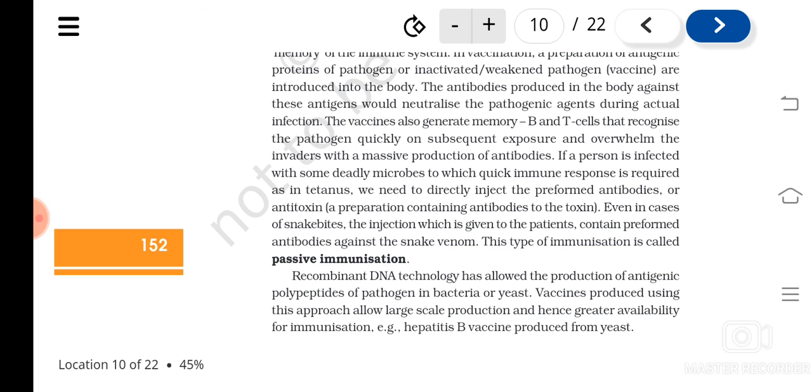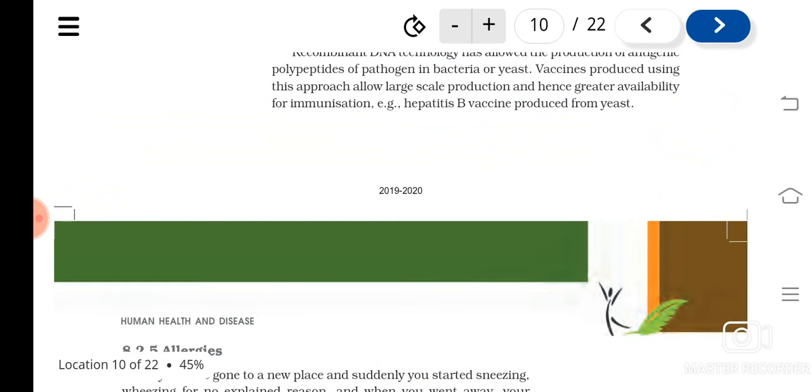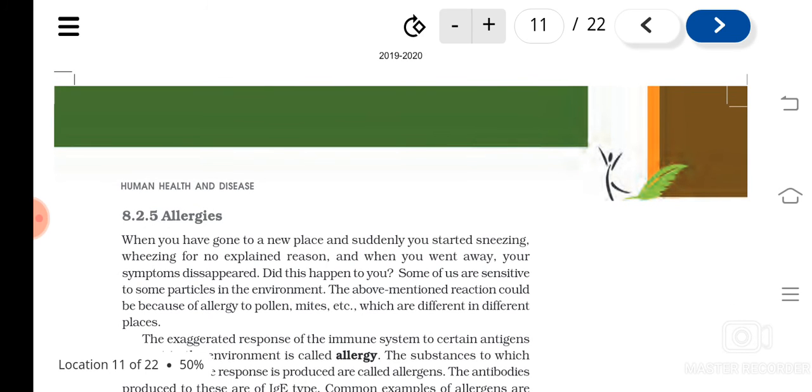Now technology has developed so that some proteins of the pathogen can be synthesized and then introduced so that the body will recognize them and start producing antibodies. So large scale production of vaccine is possible due to this recombinant DNA technology. Hepatitis B vaccine is produced from this technique.